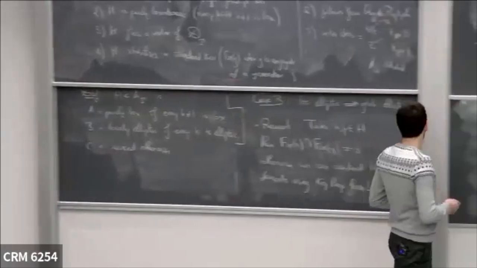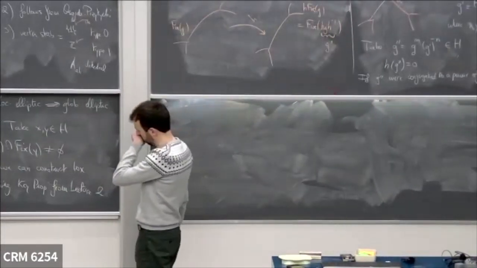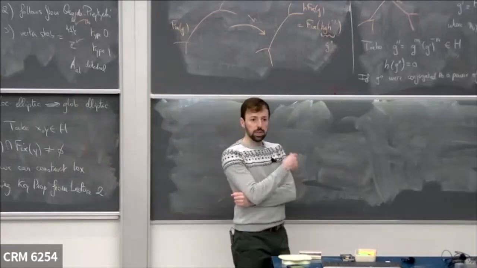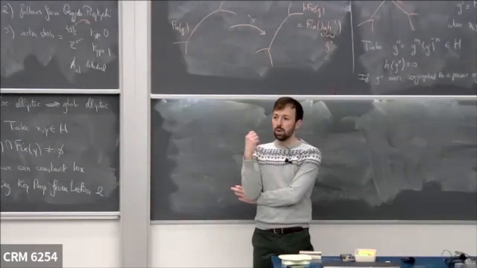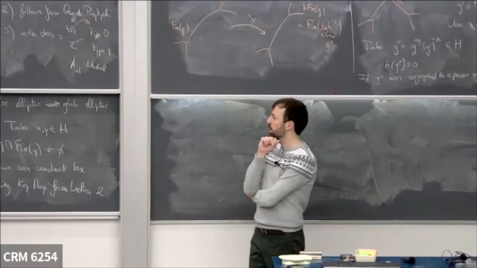Let's continue. We look at the various possibilities for the types of fixed point sets: a single vertex, or one of these standard trees, conjugated to a standard generator or a power.